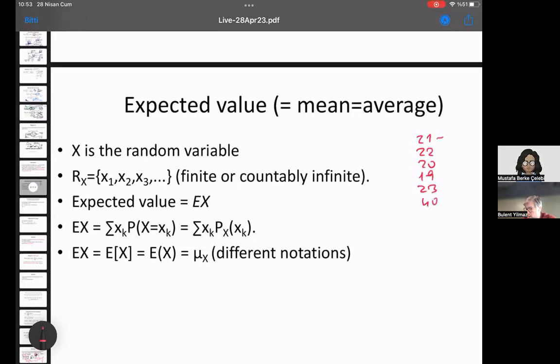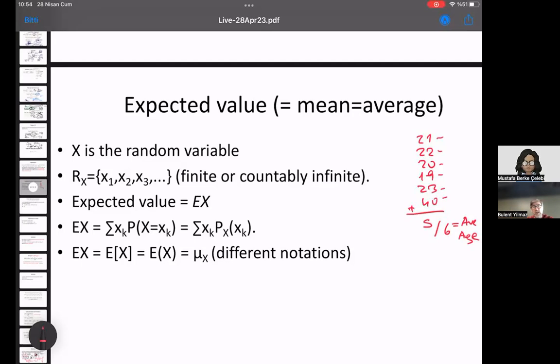I'm going to add 1, 2, 3, 4, 5, 6 people, obtain the summation and divide by 6. So this will be my average age. Normally, while finding means or averages, we divide by the number of data that I'm adding up.